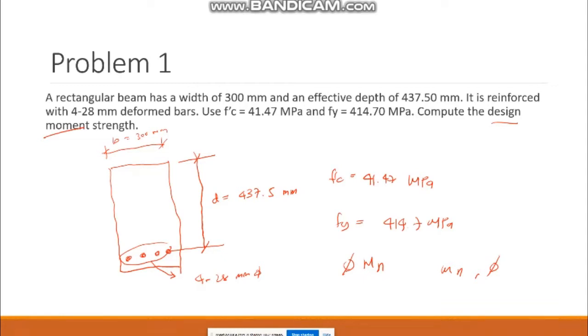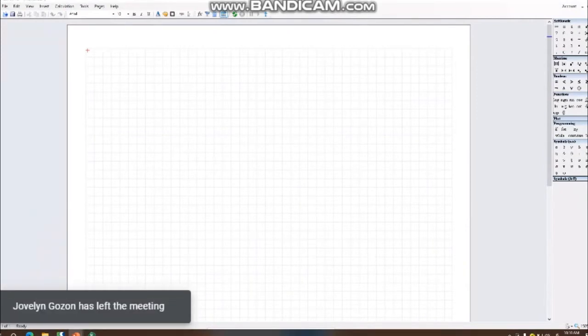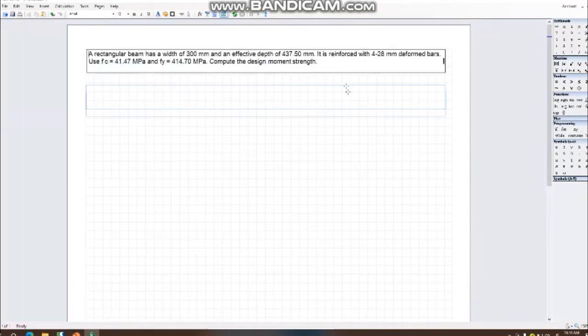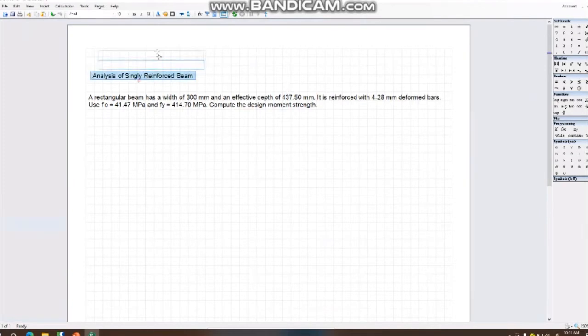Let me transfer to the software. This is the analysis of a singly reinforced beam, and that will be our sample for today.